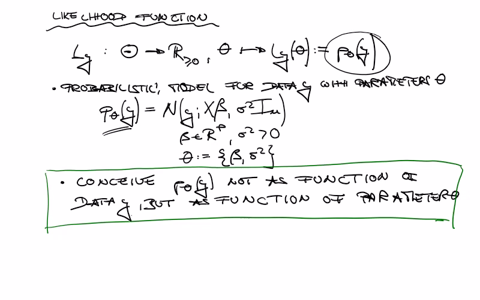So here I'm saying that the likelihood function for fixed data y, this is what the subscript means, is a function from a parameter space, big Θ, to the positive real numbers, because in the end what's the output is a probability density value, or in the discrete case, a probability mass value.